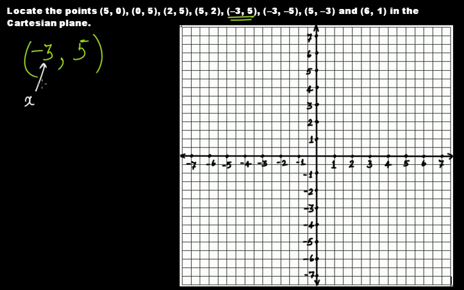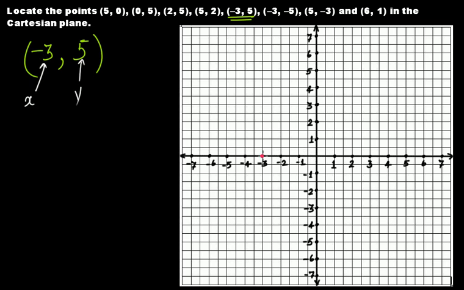Now you note, this -3 is actually talking about the negative direction of the x-axis, and this 5 tells you about the y-axis, and this is positive, therefore we are talking about the positive side of the y-axis. Okay, so -3 means that in the negative direction you have to travel 3 units. 1 unit, 2 units and 3 units.